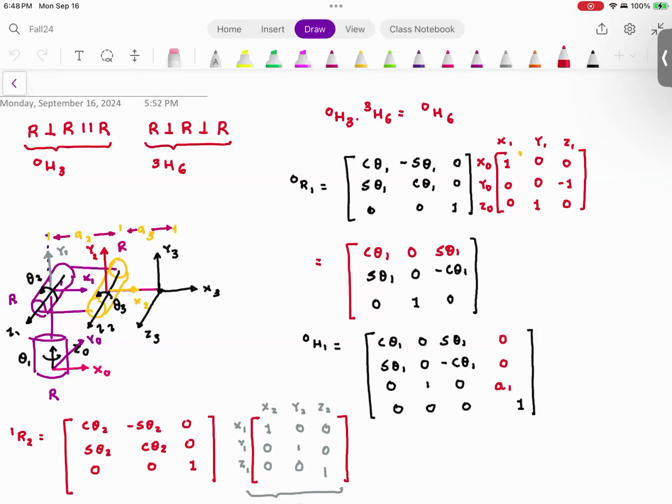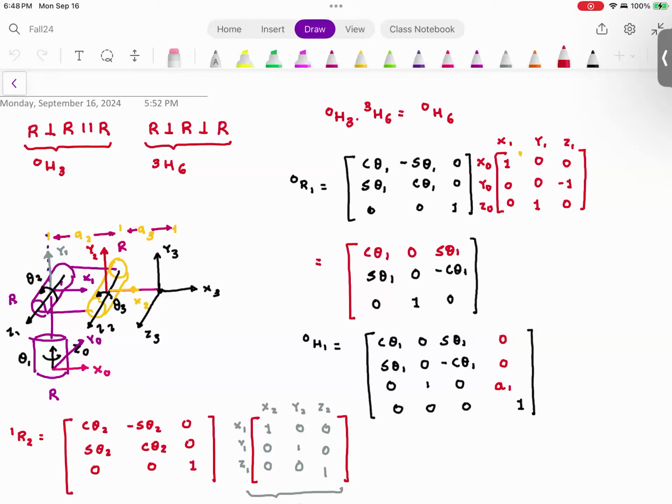Can you explain how we know which sign to take in the homogeneous function? So the sign, this is the only matrix that you have to remember: cosine, minus sine, sine, cosine, because that is the rotation matrix about z. Our joint is always about the z axis, so I don't want you to remember any other transformations, only the rotations about z.